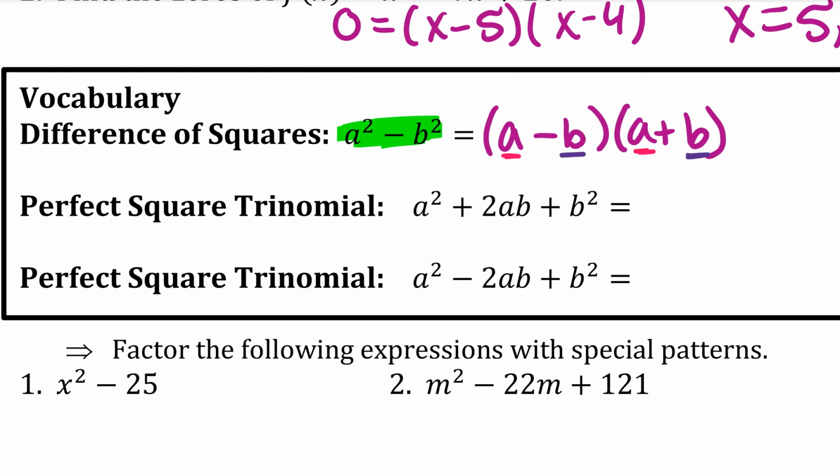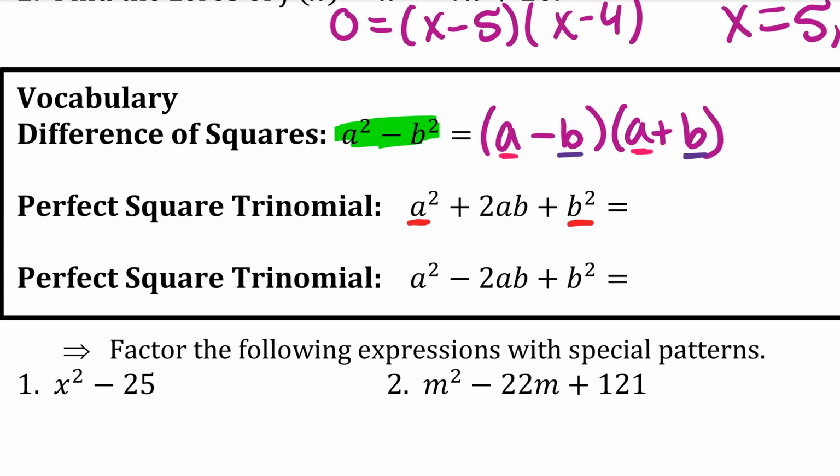The second and third, because they kind of go together, are the perfect square trinomials. What happens is the first and the third term are perfect squares, which is what you see right there. Then the middle is just 2 times the square roots of those. I realize this one is kind of a hard one to use a shortcut on, so in my opinion, if you don't use the shortcut, it's okay.